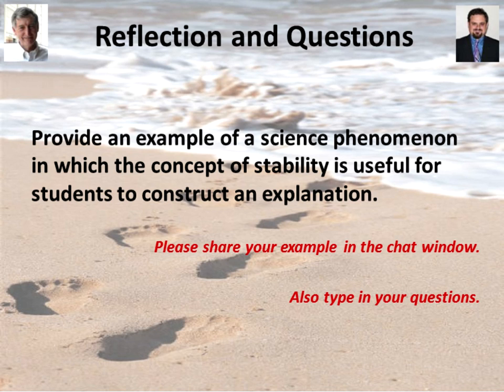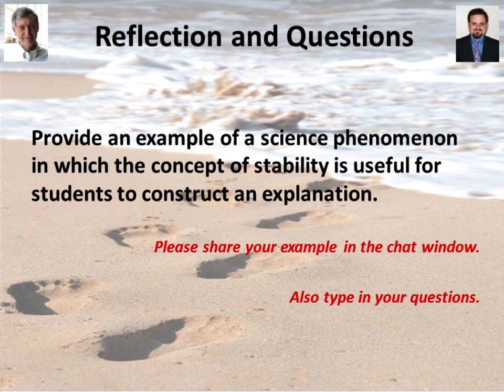Well, that's a good question. And when we get to the standards, you'll see that quite often the relationship between stability and change is one that is connected through cause and effect relationships.